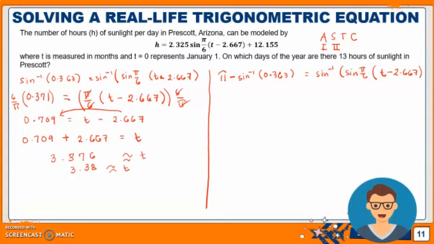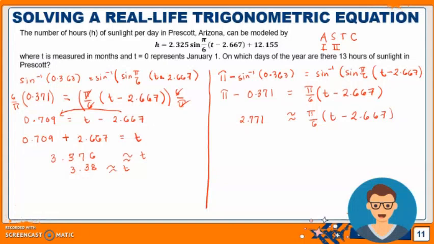In this case, we also need to solve this one. So this is π minus 0.371 = π/6 (t − 2.667). So approximately, this is 2.771 = π/6 (t − 2.667).